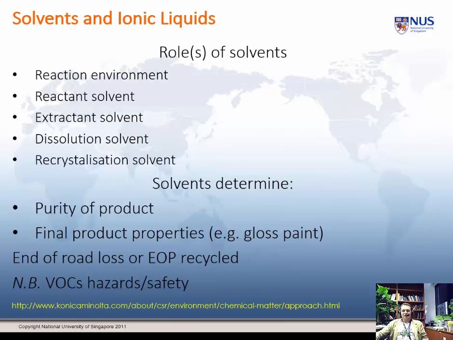Okay, so let's now move on to solvents, which is still what we're talking about. Solvents have a number of roles as a reaction environment, reactant, as an extractant, dissolution, recrystallization.